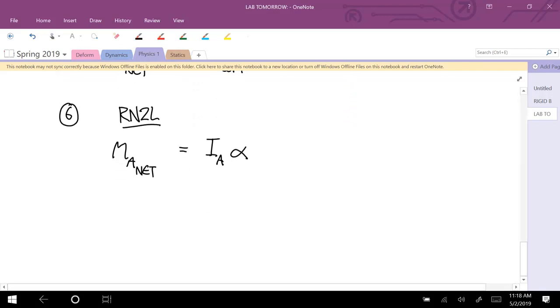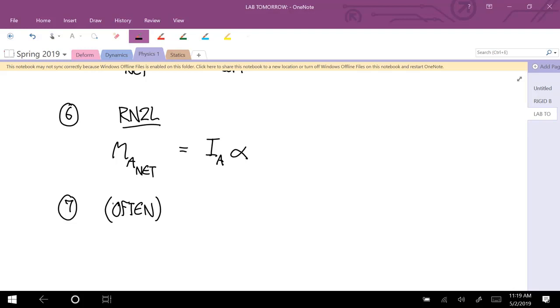And then the last thing is 7. You'll often need to do this. It's not necessarily required, but often you'll need to calculate the acceleration of some point on the body.